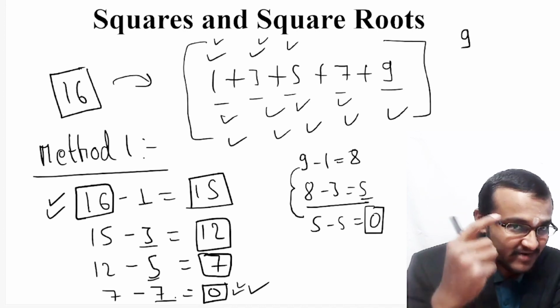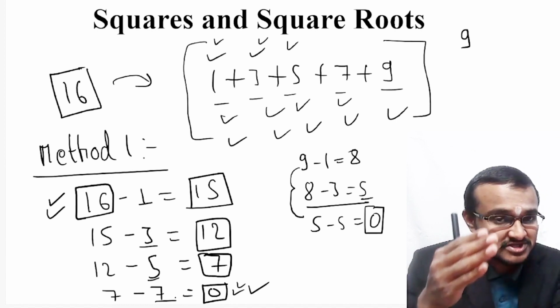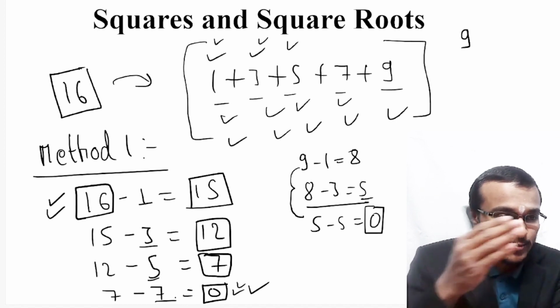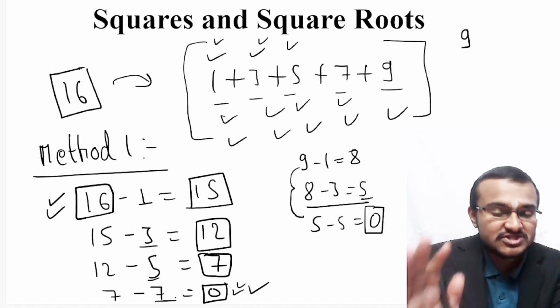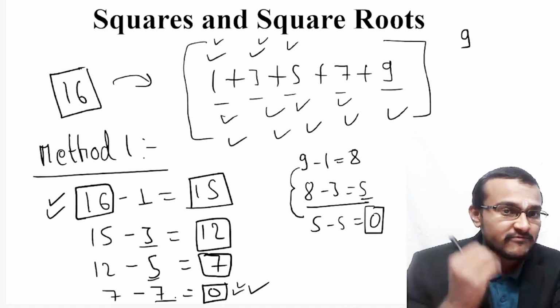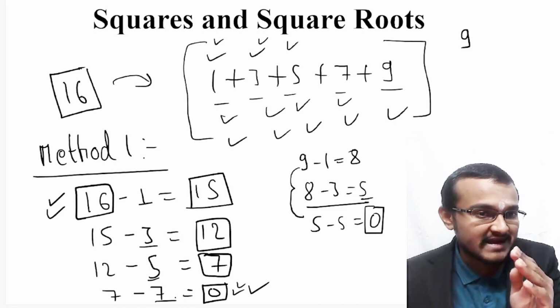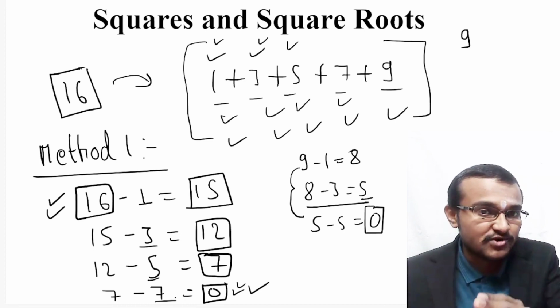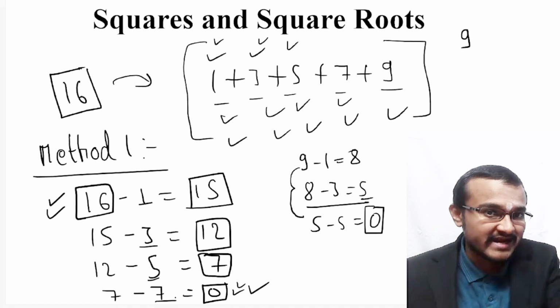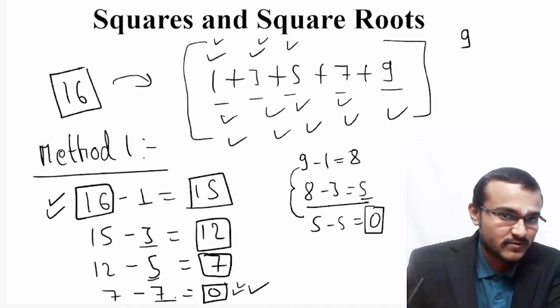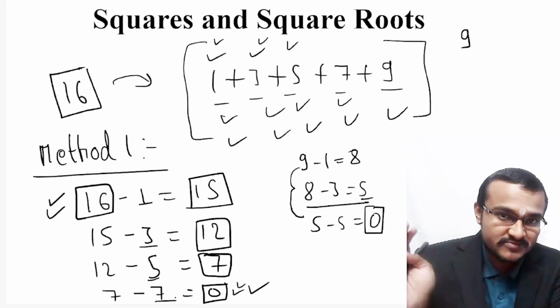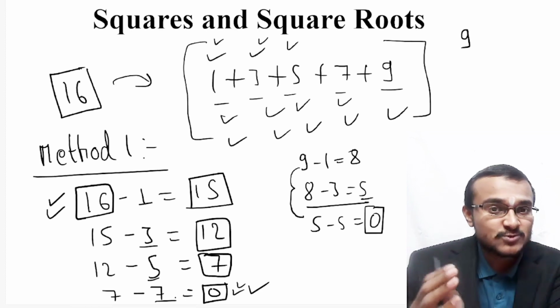You started from 1 and used 4 odd numbers to bring 16 to 0. That means the square root of 16 will be 4, because you subtracted 4 consecutive odd natural numbers to get 0 from that perfect square. To make that perfect square 0, you subtracted that many times. So that will be the square root.